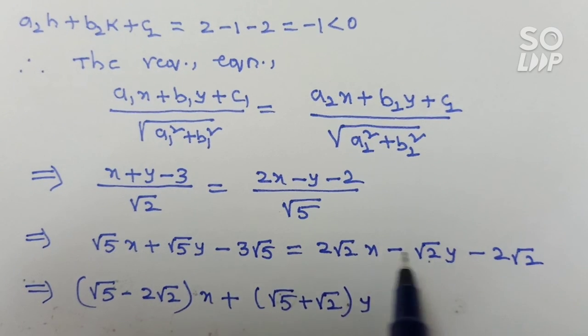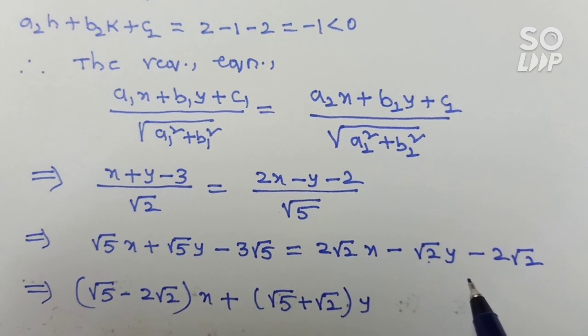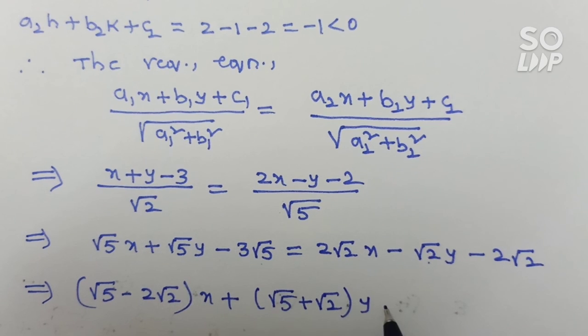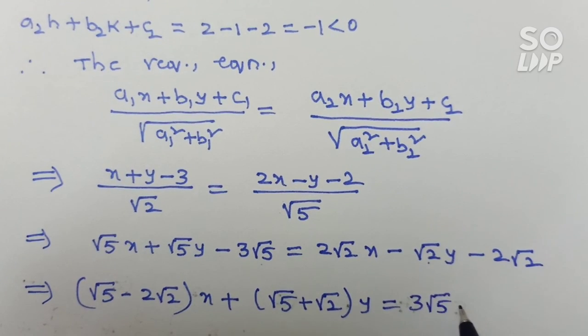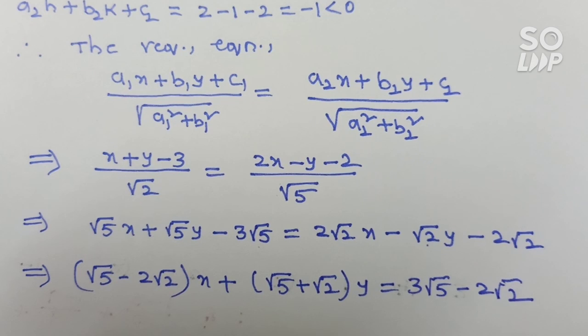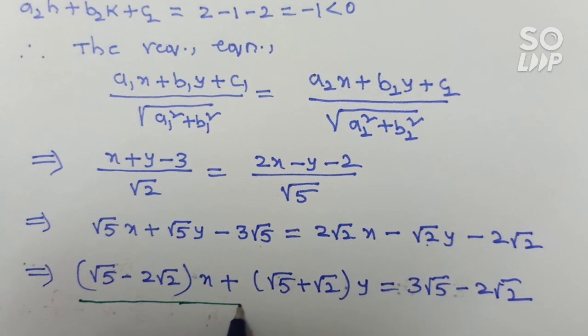Then the constant terms: minus 3 root 5 on the left, and if you take it to the right side, 3 into root 5 minus 2 into root 2. So this one is the equation of the angular bisector of the given two lines which contains the given point.